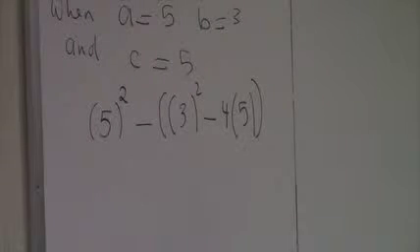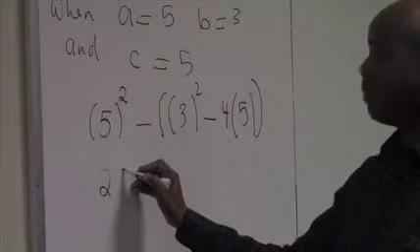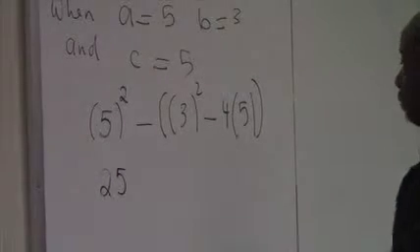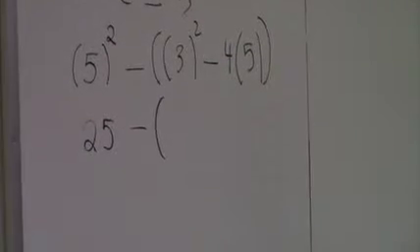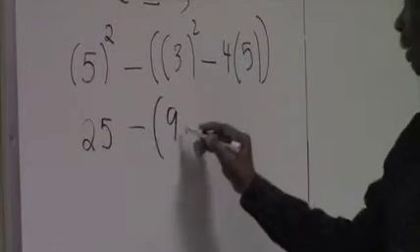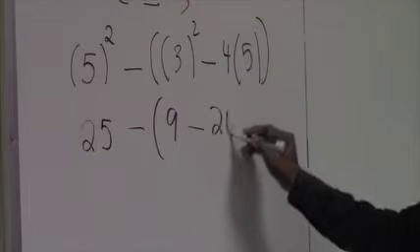Now, we must use the rules for BODMAS. That is, we must deal with powers first and multiplication, division, moving down to addition and subtraction. So I have 5 squared, which means basically it's 5 times 5, which is 25, minus, in here I have 3 squared, which is 9, minus 4 times 5, which is 20.